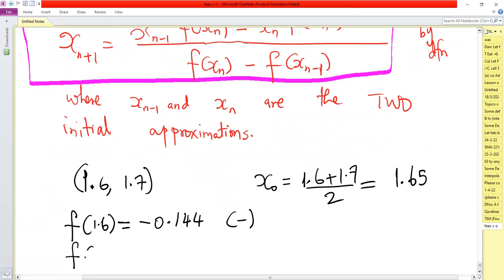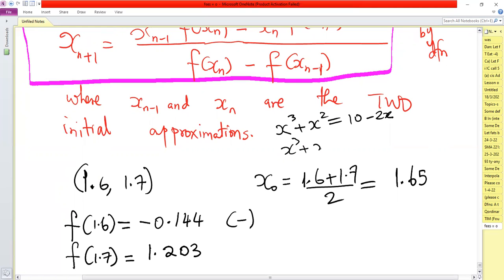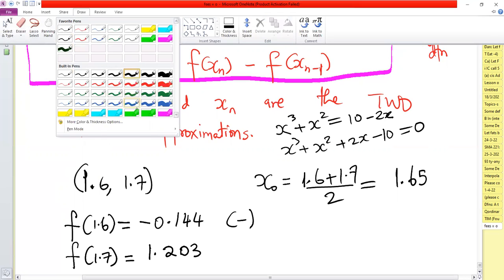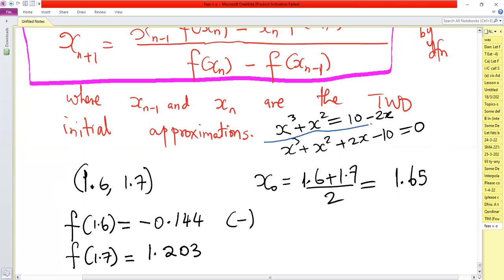And then the value of the function at 1.7, when you work it out, you get 1.203. Remember the equation is x cubed plus x squared equals 10 minus 2x. So we rearrange this as x cubed plus x squared plus 2x minus 10 equals 0, and what we are calling f of x is this function.